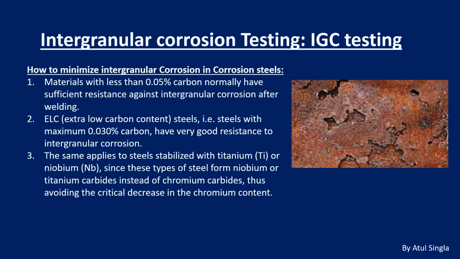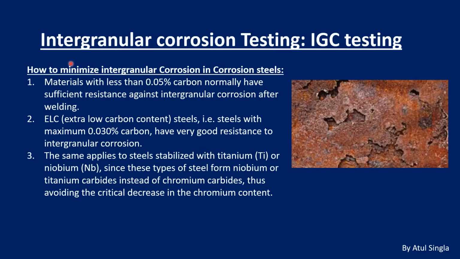Now when we are using stainless steel, we know there may be chances of intergranular corrosion at the grain boundaries. So there must be some options, some ways to minimize the scenario. What are the various options to minimize this intergranular corrosion? First, we have found that materials where the carbon content is less than 0.05 normally have sufficient resistance.